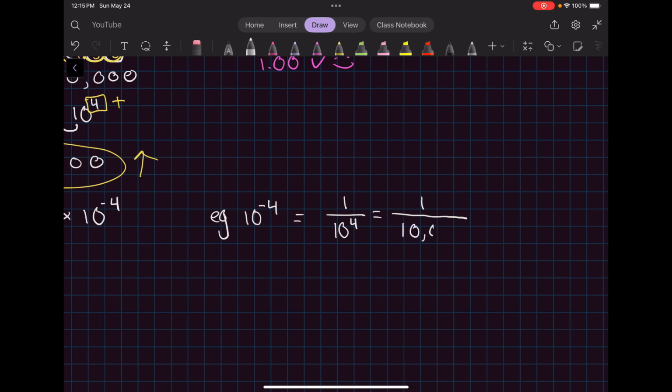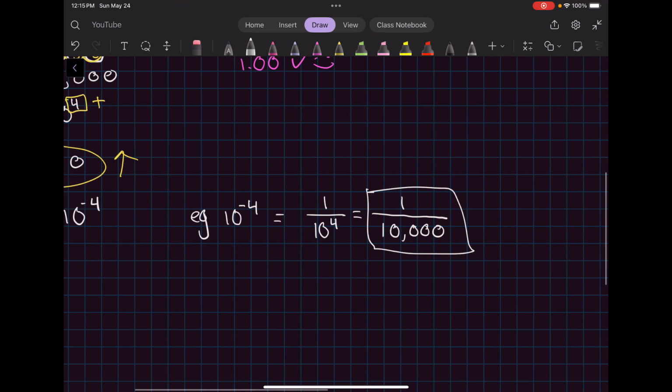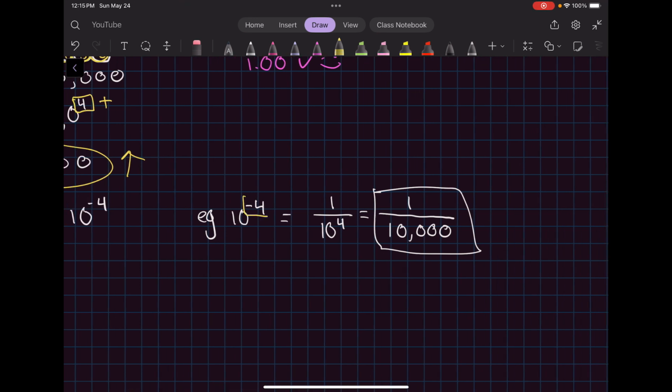This is 1 over 10,000. So this looks like a really, really small number. And if you remember about fractions and decimals, this could also be a really, really small decimal. So when we have a negative here, we're going to have a really small number.